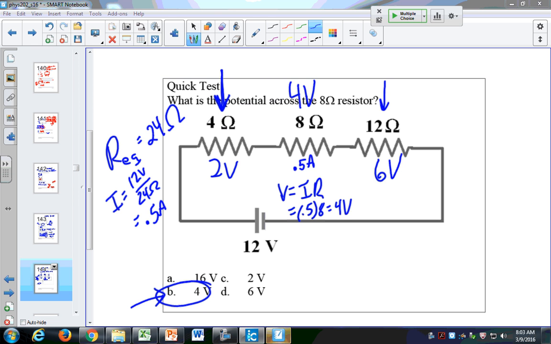So I have 2 volts, 4 volts, and 6 volts, and those all add up to 12. You're looking at proportions really, and if you have a combination circuit, it'll become pretty easy in the end to see how everything's laid out. But it takes lots of practice to really see these in your mind.